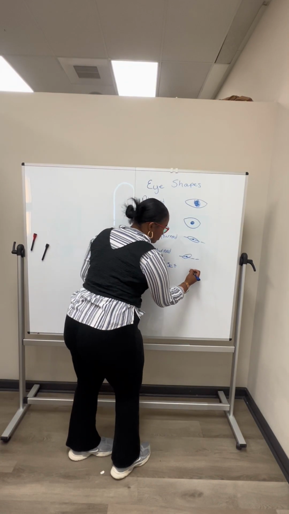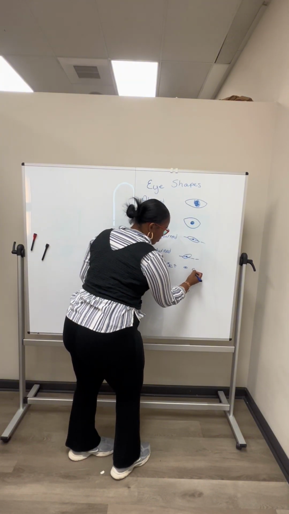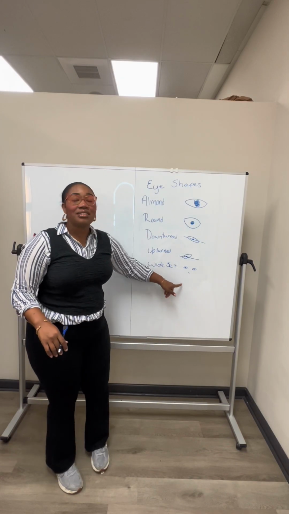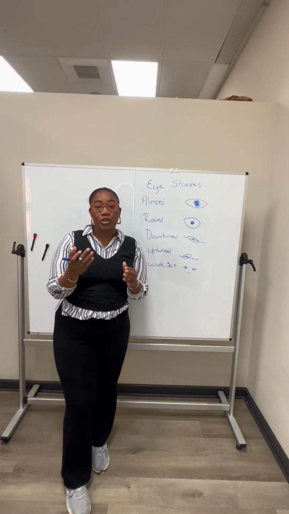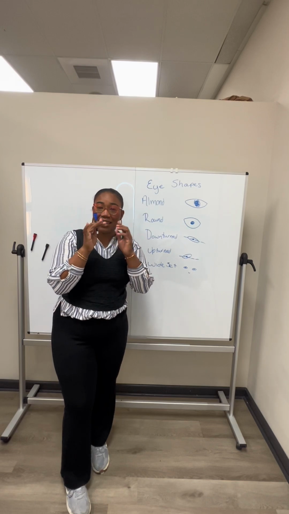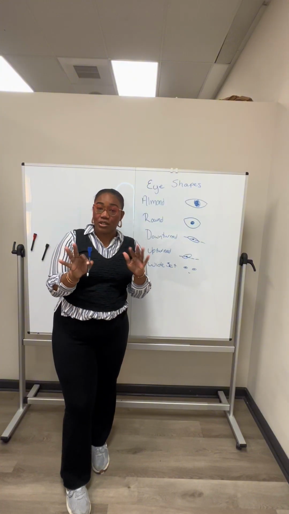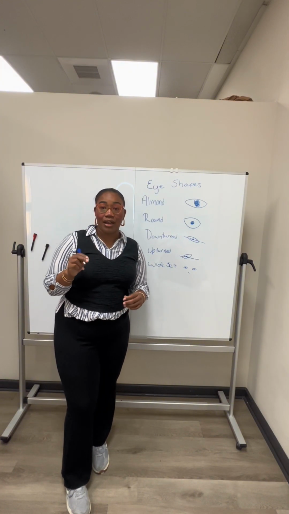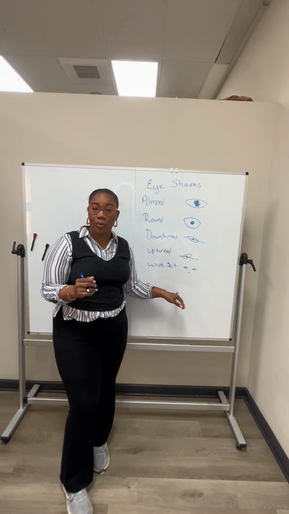Let me just draw a little person here. This is where the eyes actually sit wider on the face. Usually when you're looking at a face, you can put the same length of an eye in between the eyes. That tells you that it's pretty normal. But with someone with wide set eyes, the space between their eyes is larger than one of their eyes, so we consider it wide set.